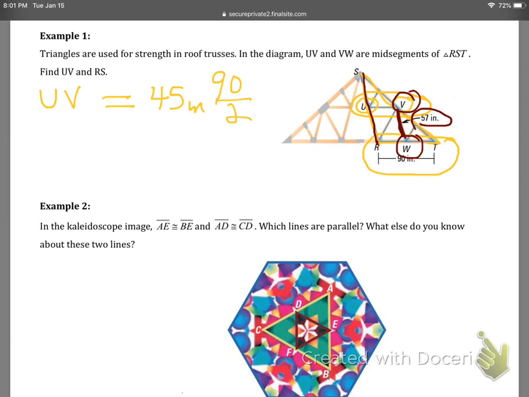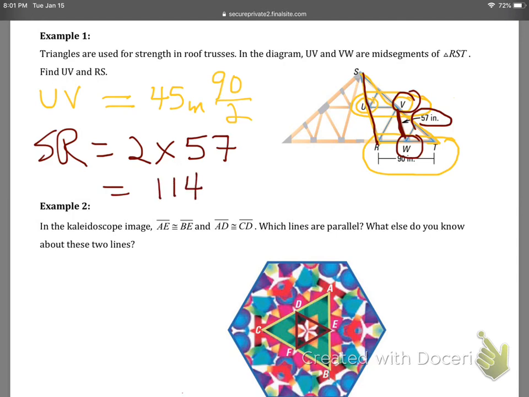So SR will equal 2 times VW, which was 57. So that's going to be 114, and again, we are in inches. Okay, so that's what's going on with example 1.